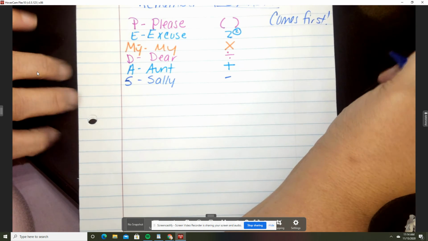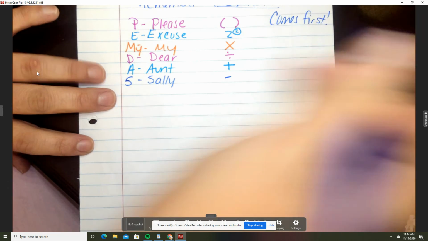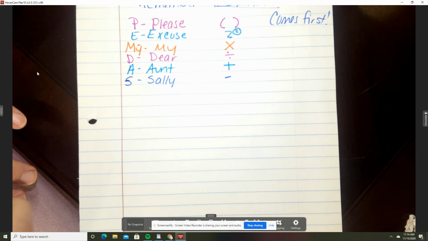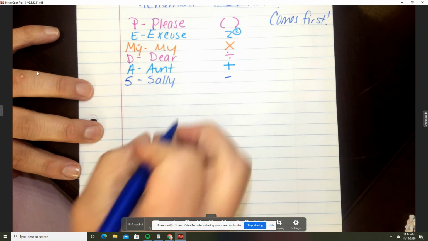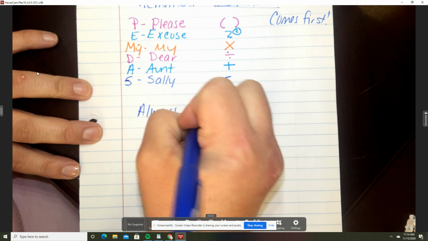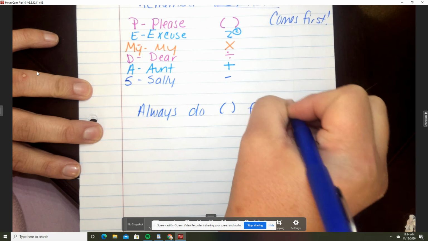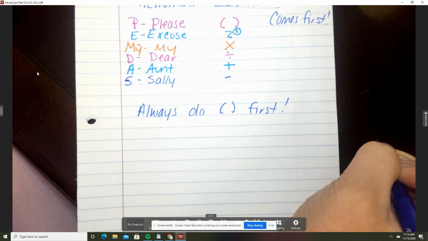It comes first. Addition and subtraction come last, okay? So parentheses is the most important. So if you're scanning a problem and there are parentheses, you do the parentheses first.